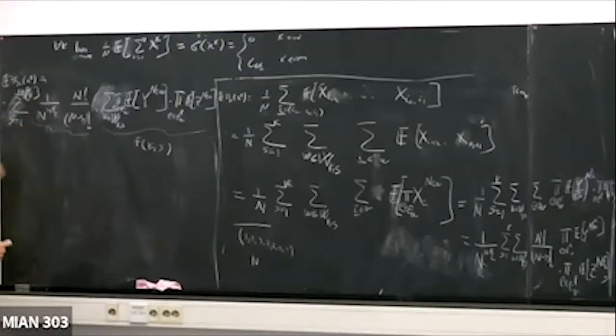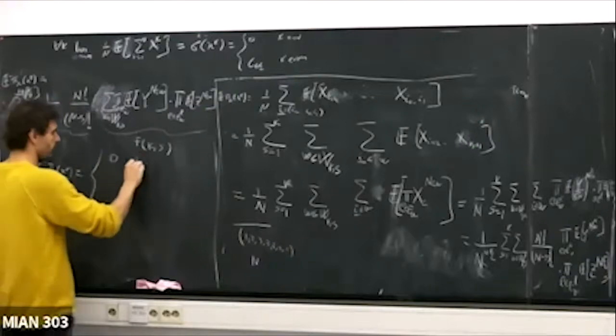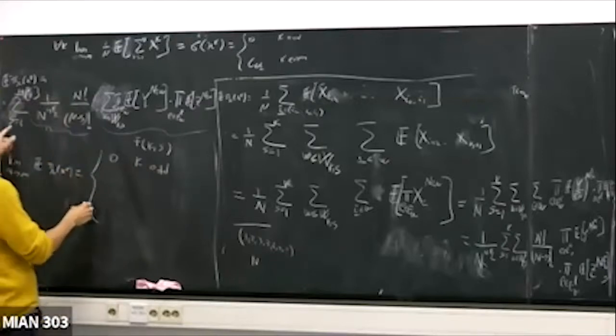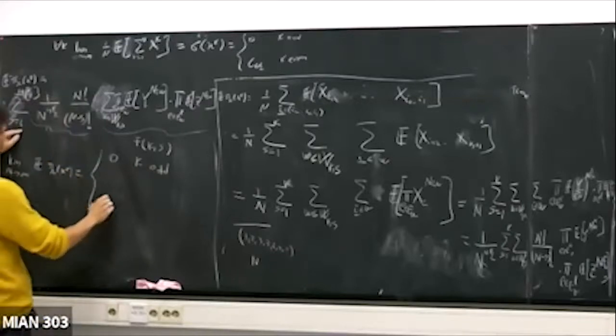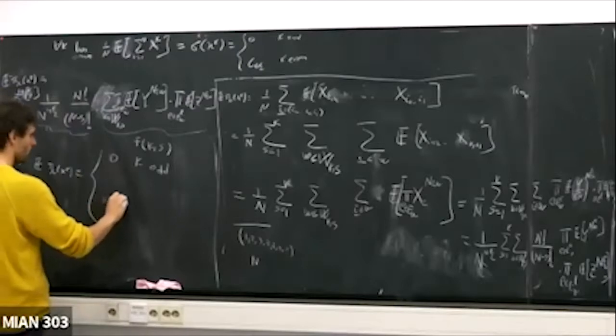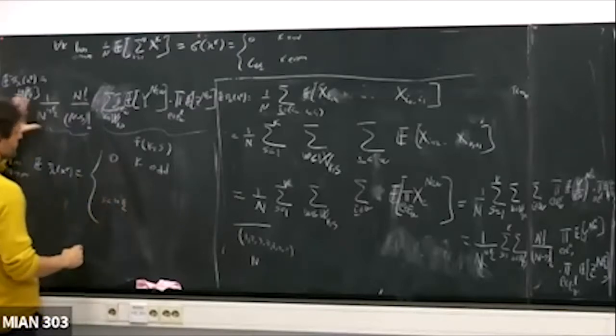So I claim that the limit, when n goes to infinity, will be 0 if k is odd. And otherwise it's the same thing, but in the whole sum only s equal to 1 plus k over 2 survives.